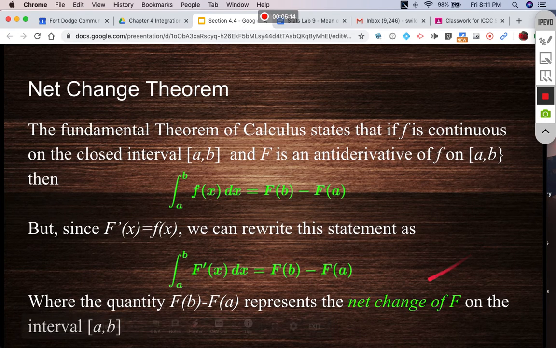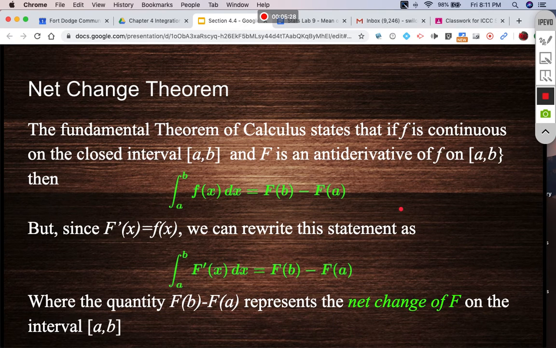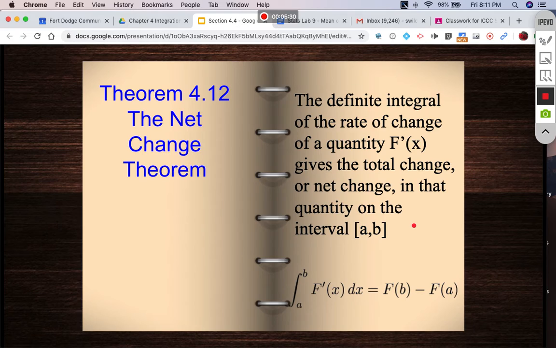This is what we call the net change of the big function F. So that antiderivative, how is it changing on this interval from a to b? That's our net change theorem.